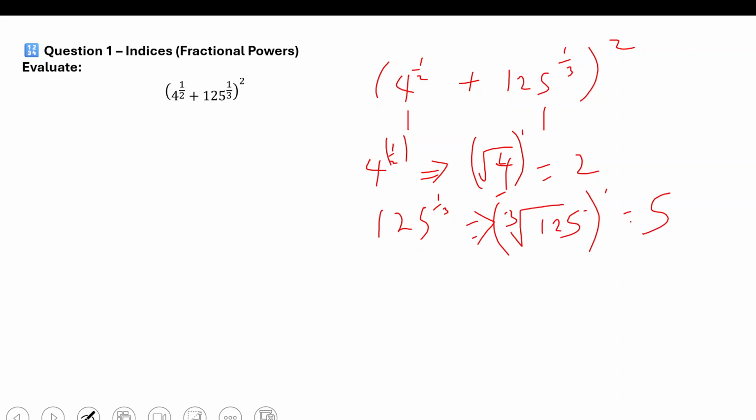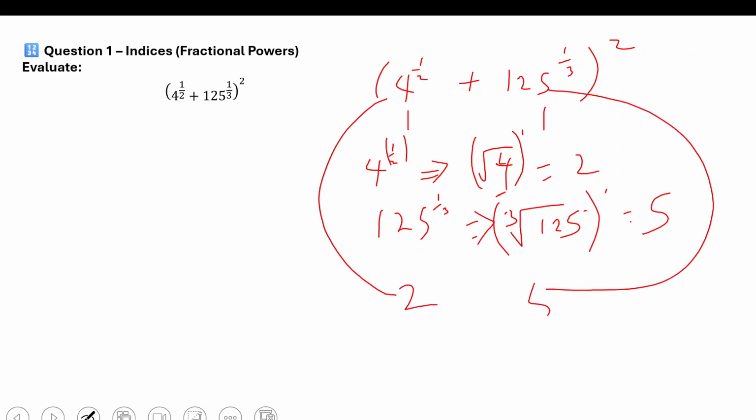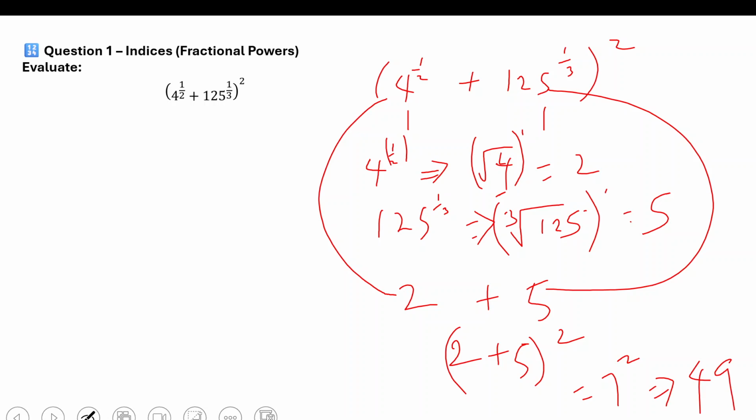So in effect, this gives us 2 and this gives us 5. So it's actually 2 plus 5, all raised to power 2. 2 plus 5 is 7, raised to power 2, which gives us 49. Okay, so that is it.